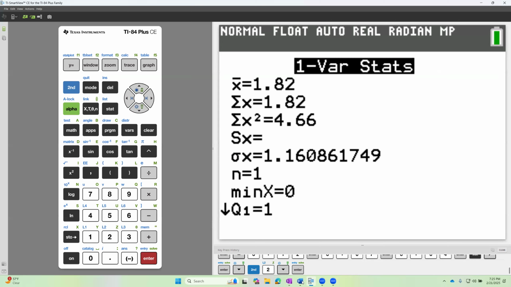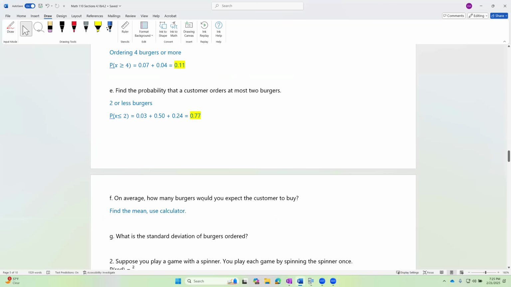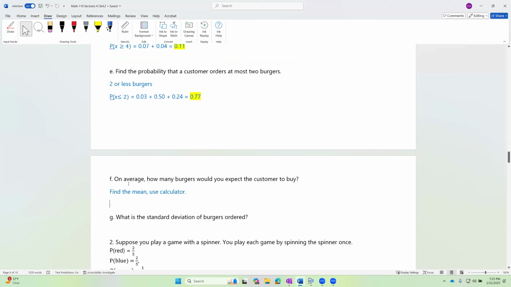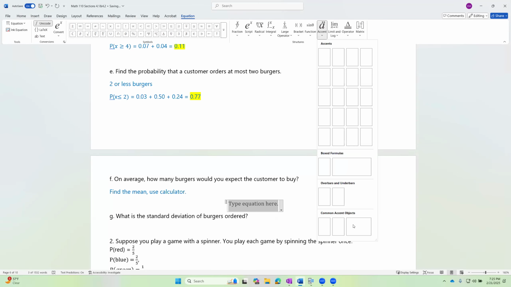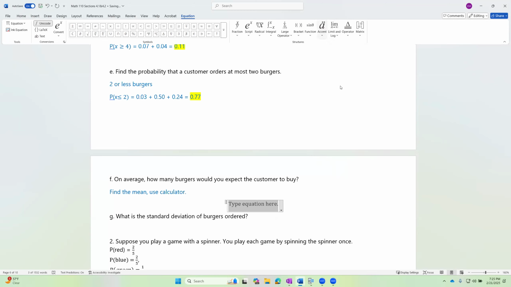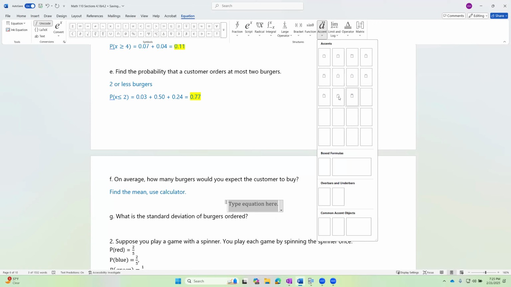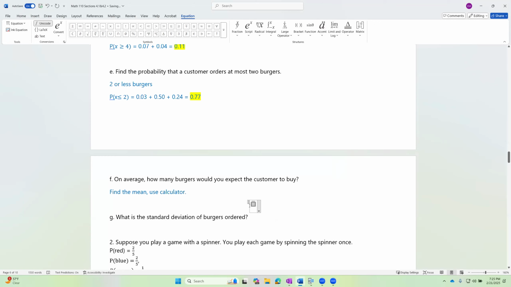Okay, let's go back to the document and write that in. So x bar equals 1.82.